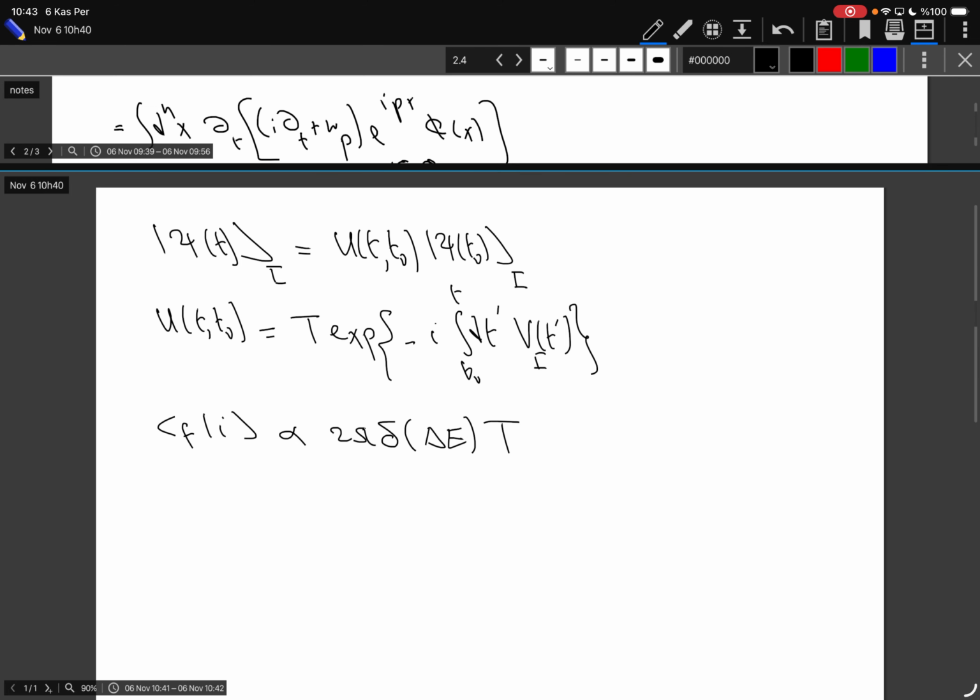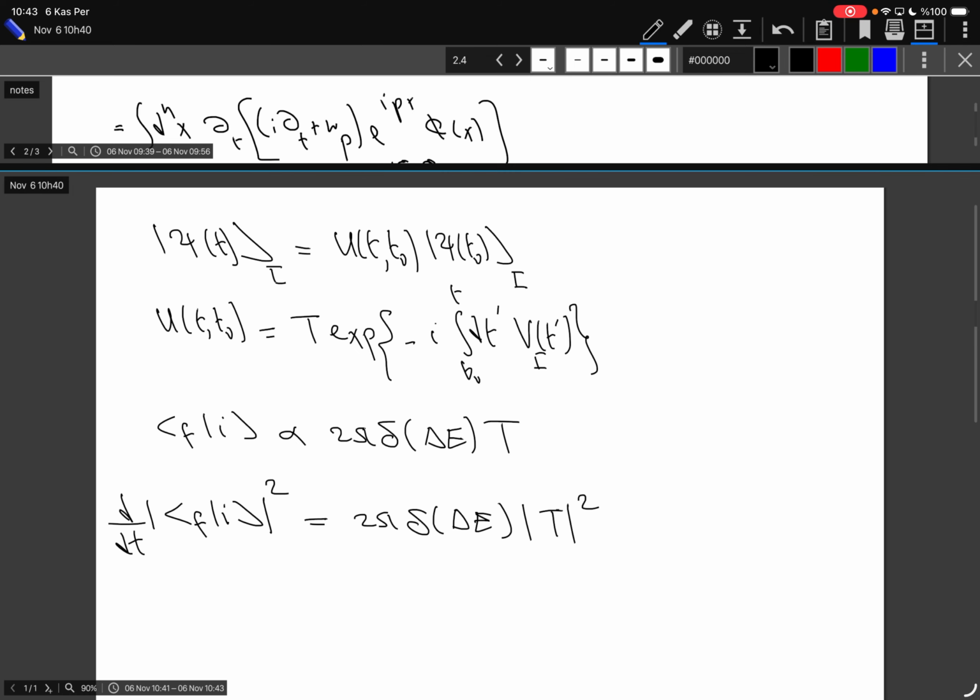And this T basically, if you remember what we had done over here, when we looked at the square of this probability and looked at the rate of change, the transition rate for this probability, this turned out to be proportional to some energy-conserving Dirac delta times some matrix element squared.